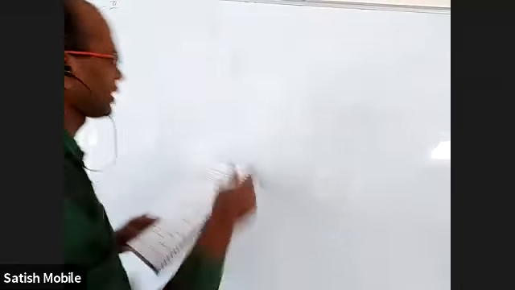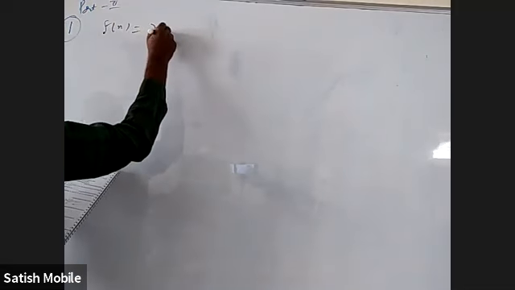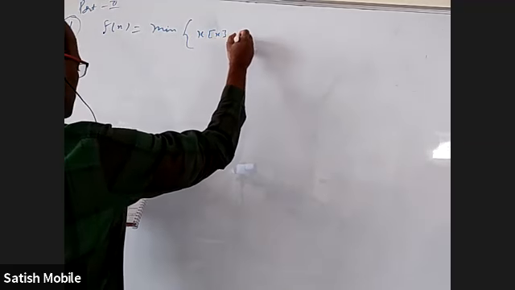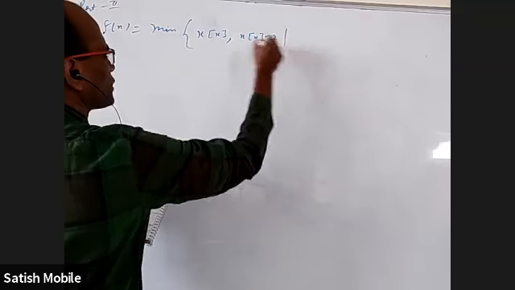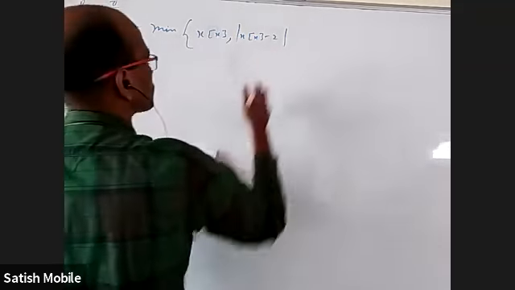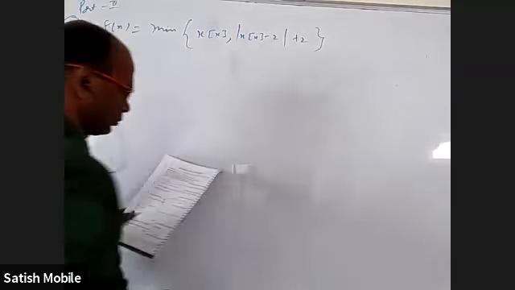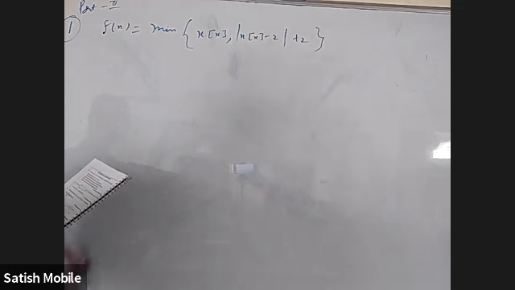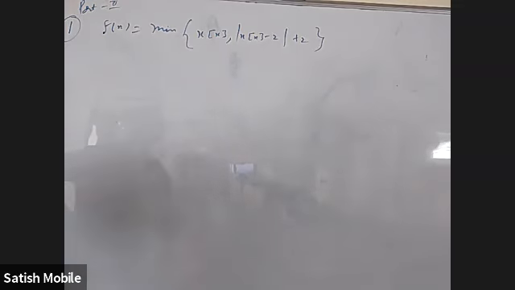F of x is given as the minimum of x into integer part of x, and mod of x into integer part of x minus 2, plus 2, the minimum of these two. And for that function, they're asking about continuity and differentiability and all that.